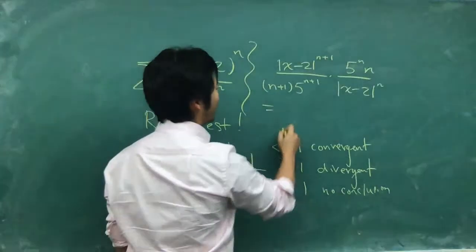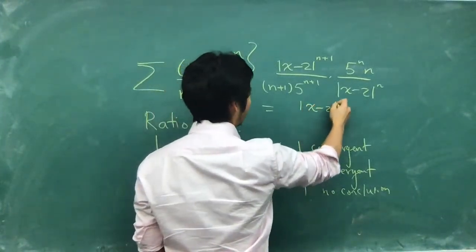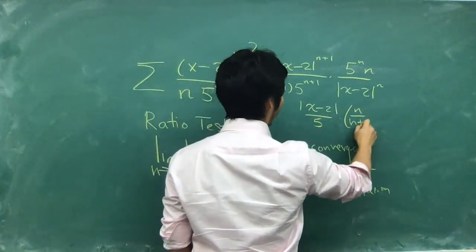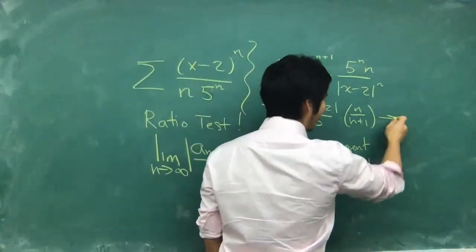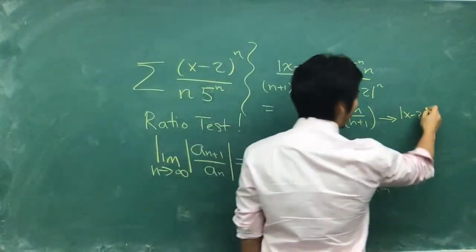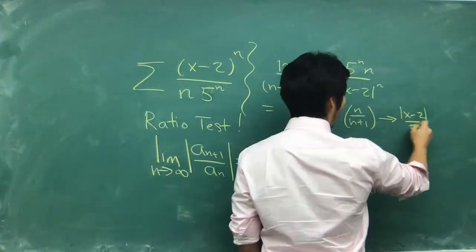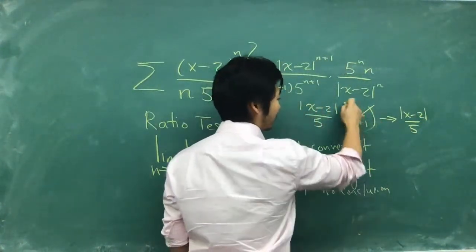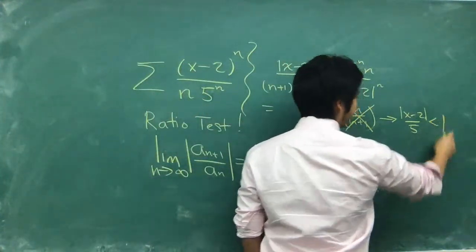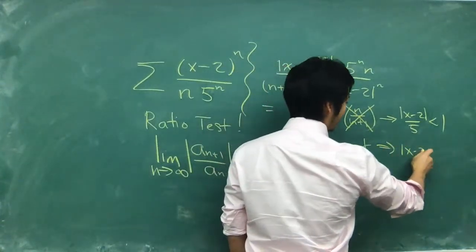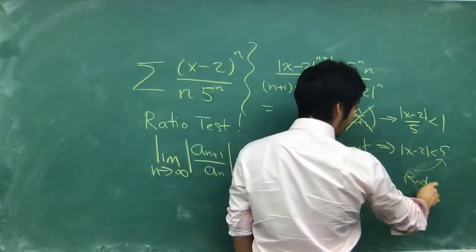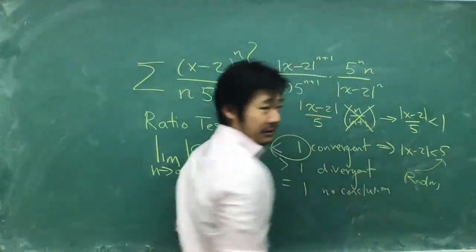And so this is going to be x minus 2 over 5 times n over n plus 1, which goes to x minus 2 over 5, because this part goes to 1. And then you have to make sure that's less than 1. So x minus 2 is less than 5. So that's your radius of convergence. This is your center.